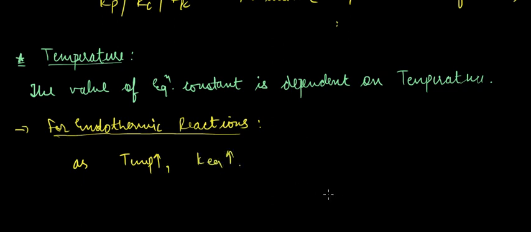Okay, because endothermic reaction by the name itself suggests that reaction will move forward by absorbing more heat, or the reactants need more heat to get converted into products. So if we are giving the reactants more heat, or in other words we are increasing temperature, the K equilibrium would increase.